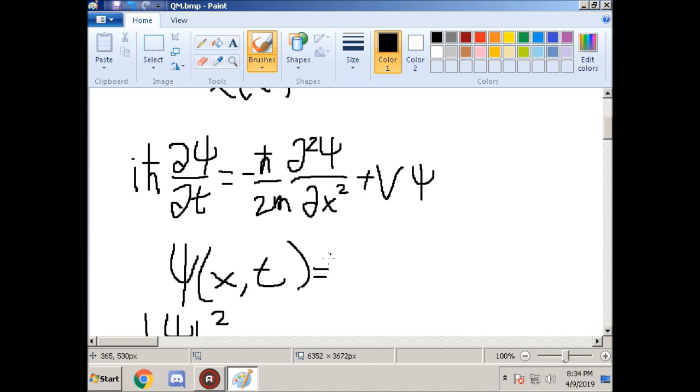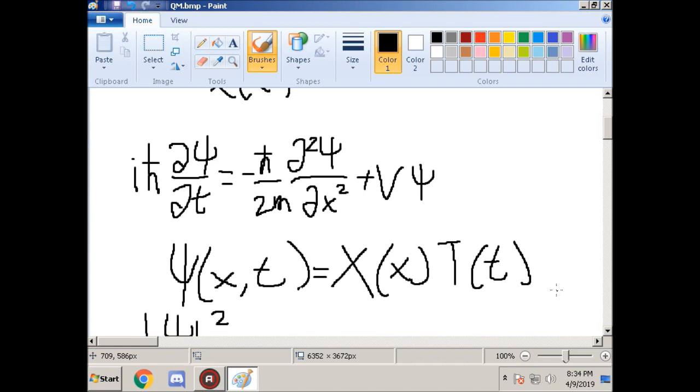If it's a partial differential equation and the function is a function of more than one variable, we can say that instead of having this entire function being a function of two variables, the psi of x and t, it's the product of two other functions that are functions of the independent variables of psi.